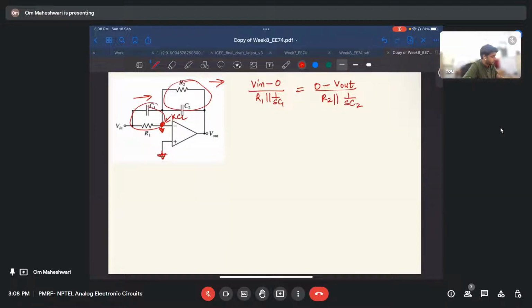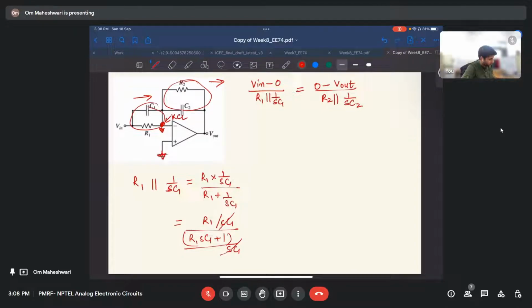So let's calculate R1 parallel 1 by SC1. It equals R1 into 1 by SC1 divided by R1 plus 1 by SC1, which equals R1 by SC1 divided by (R1 SC1 plus 1) by SC1.